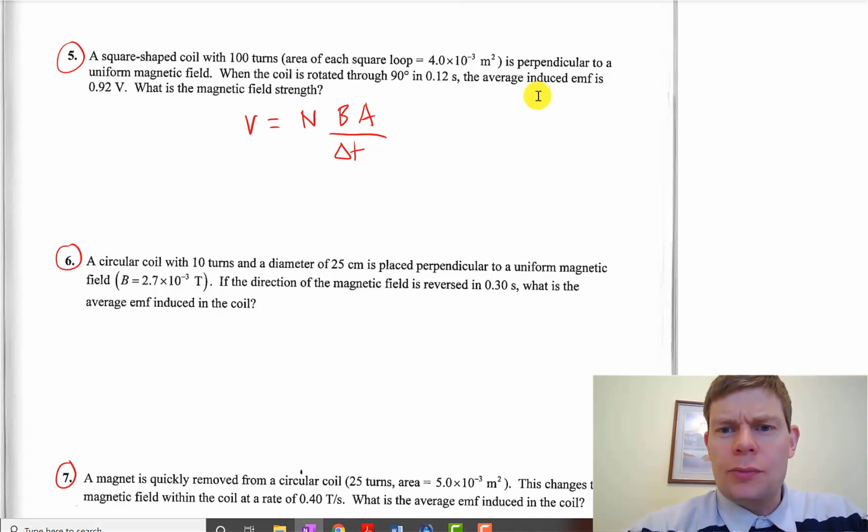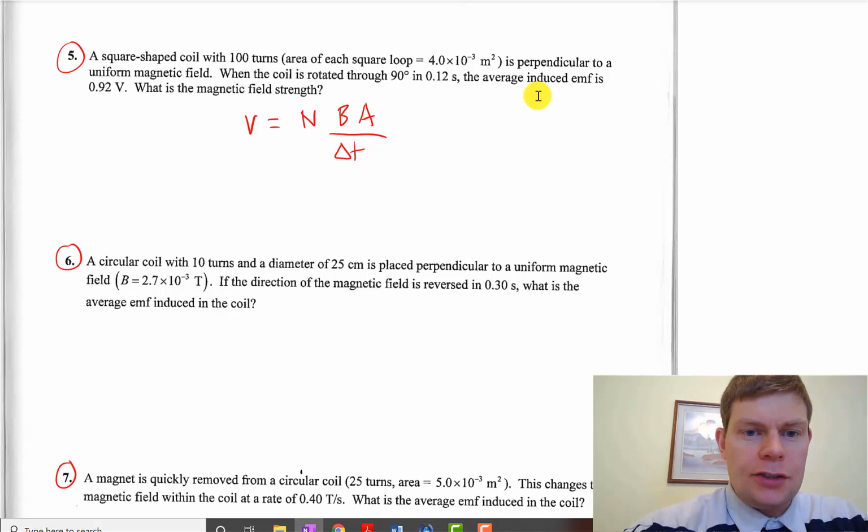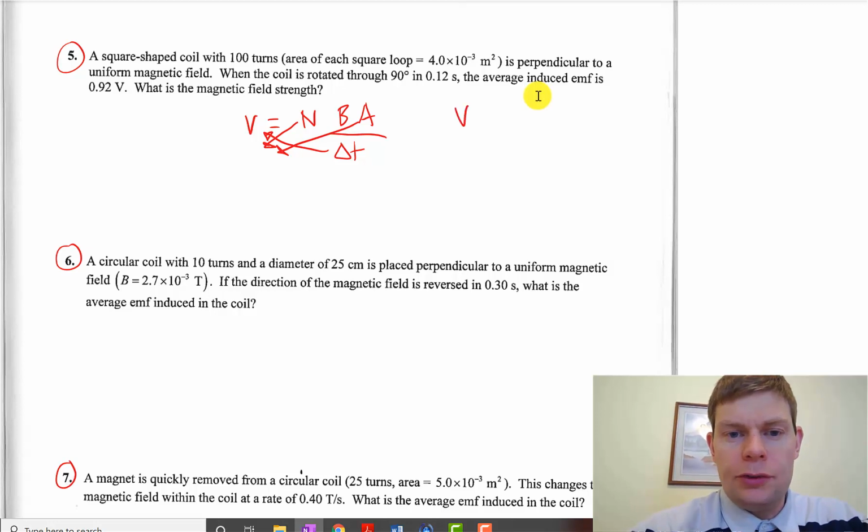I guess it's going from 0 to BA. Either way, the magnitude of the magnetic field strength will be the same. So anyway, if we rearrange this, kicking things diagonally across the equal sign, we will end up with our voltage times our change in time divided by our number of turns times our area equals our magnetic field strength.